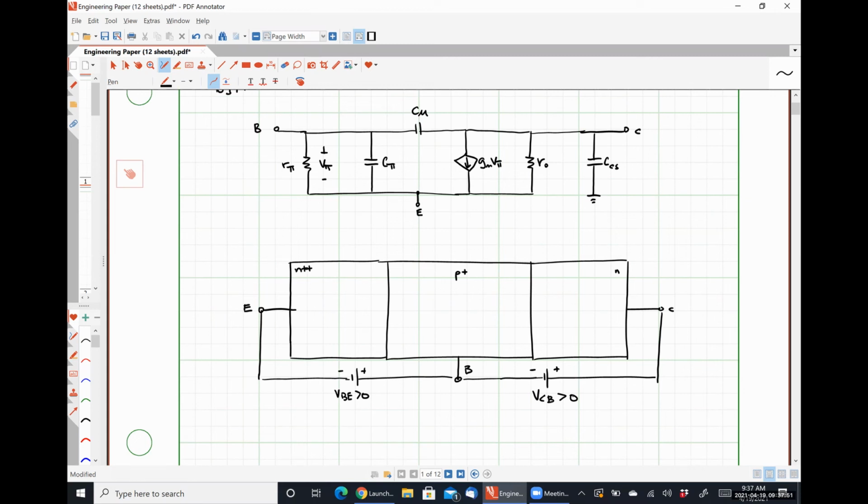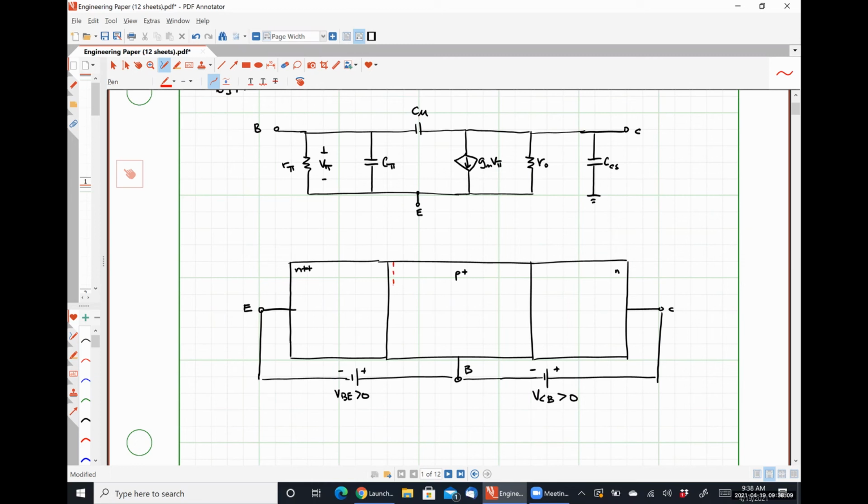So since we have two PN junctions, I'm going to go ahead and specify a couple of things. I think I did electrons as red in 335.